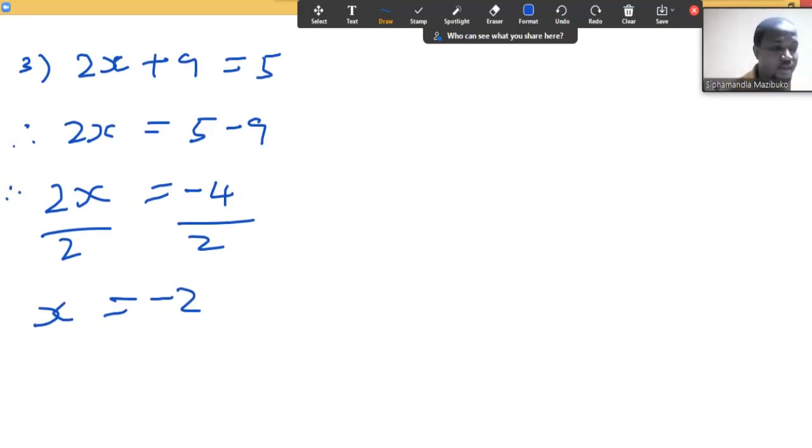Let's look at our last example, example 4. In our last example we have 4c is equal to 2c plus 2, and we want to solve for c. So here we have 4c minus 2c.